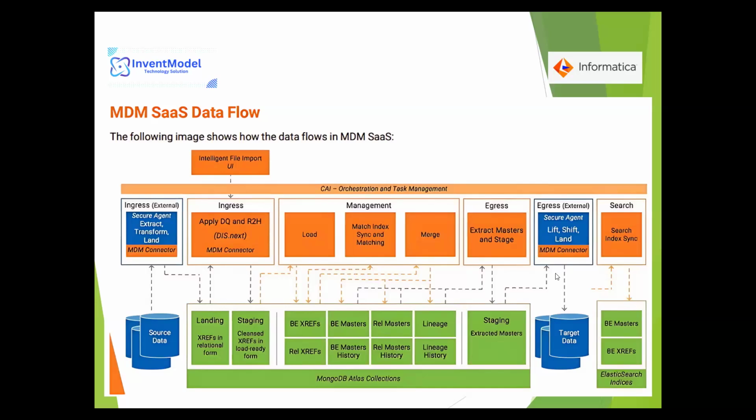And we are maintaining the history for each and everything. Staging is also maintaining the history in the form of audit trails, right? And then this base object is also maintaining the history in their respective history tables and all.